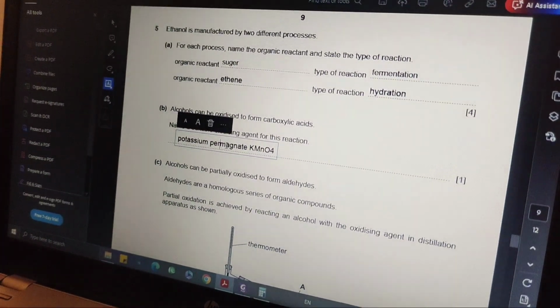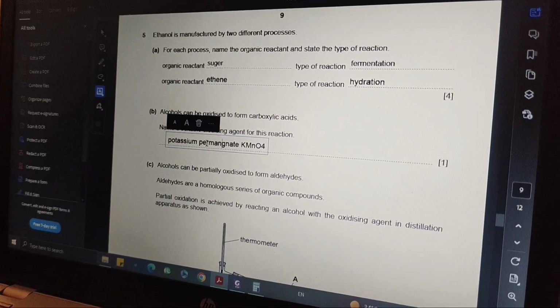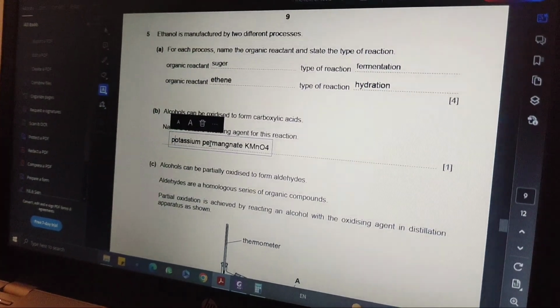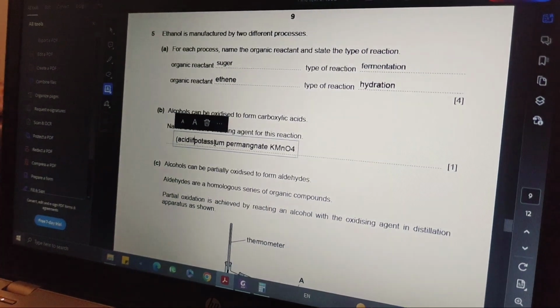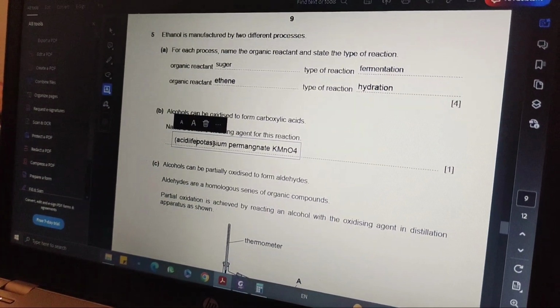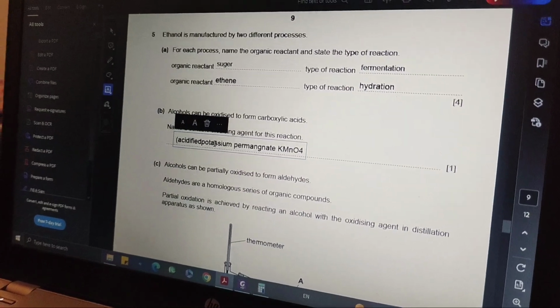It is from manganese, potassium permanganate. And most of the time when we are reacting with the base, we will be using the acidified potassium permanganate.